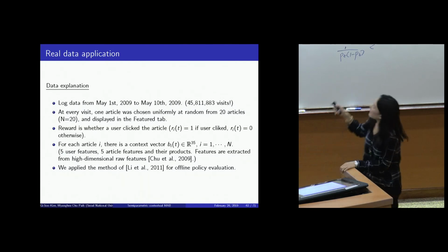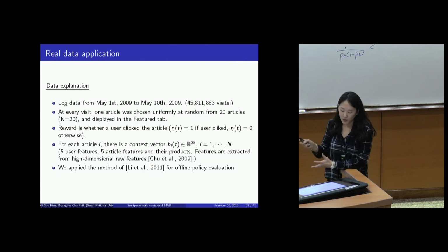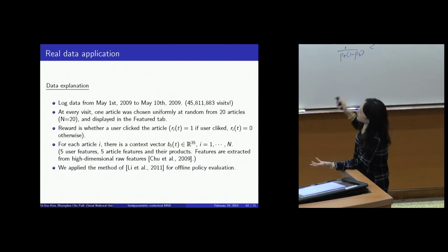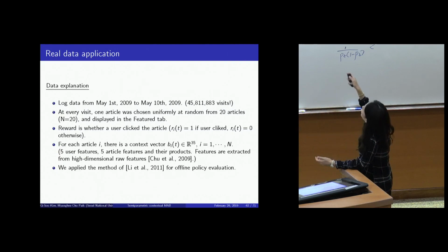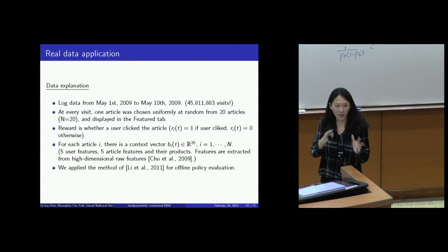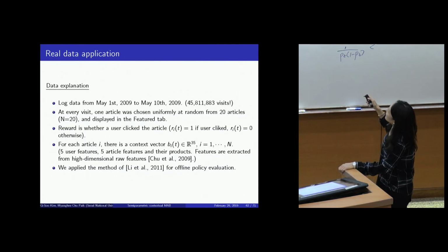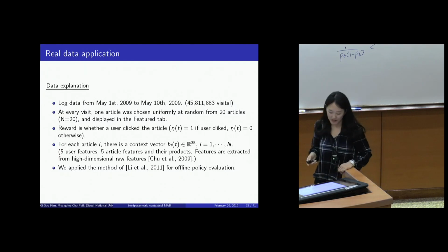At every visit, one article was chosen uniformly at random from a total of 20 articles and displayed in the feature tab. So you can see that this data was generated using a uniform random policy instead of any online learning policy. The reward is whether a user clicked the article, and for each article there was a context vector of dimension 35.